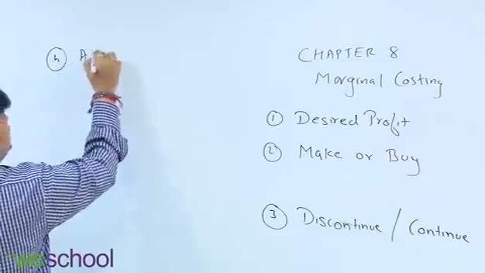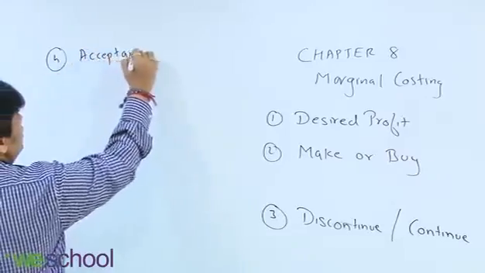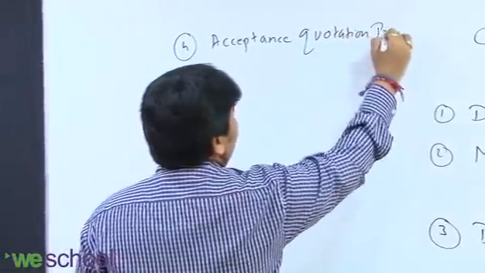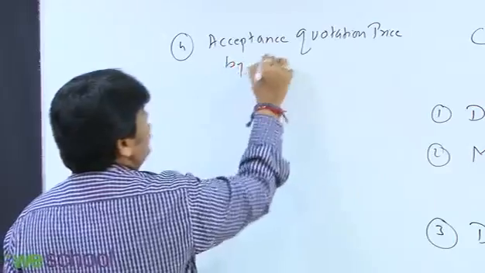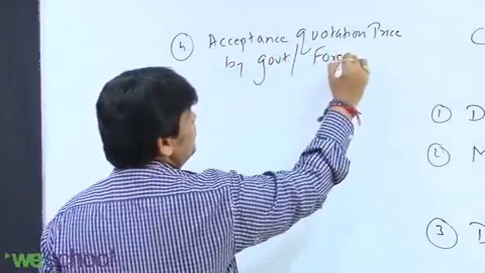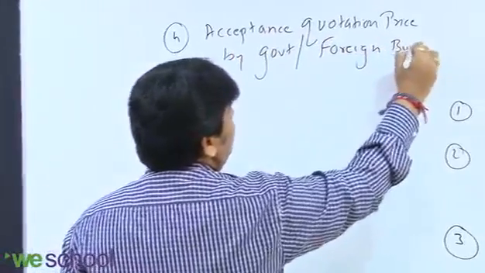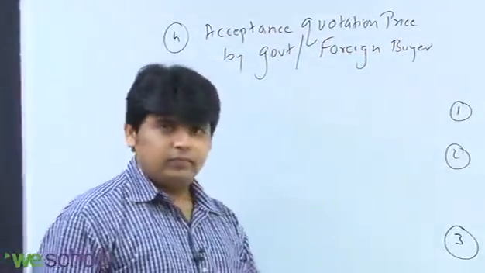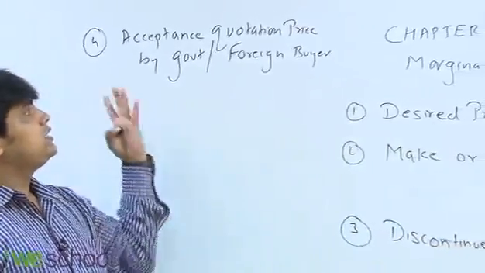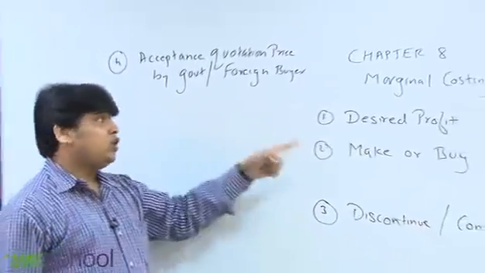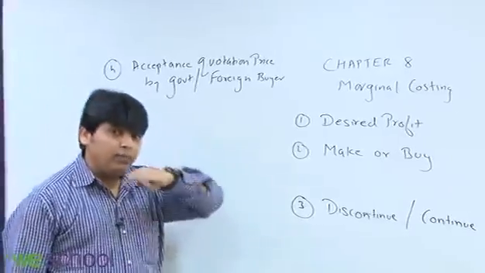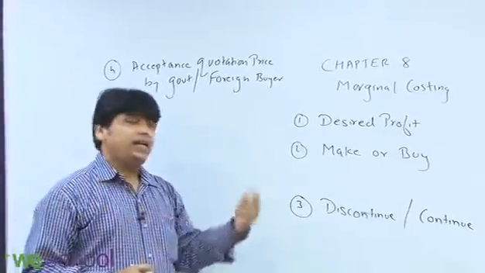Fourth, acceptance of quotation price by government or foreign buyers. Now marginal costing techniques help me in taking decisions. With the help of marginal costing, I can calculate a certain base point and on that basis I can take the decision.